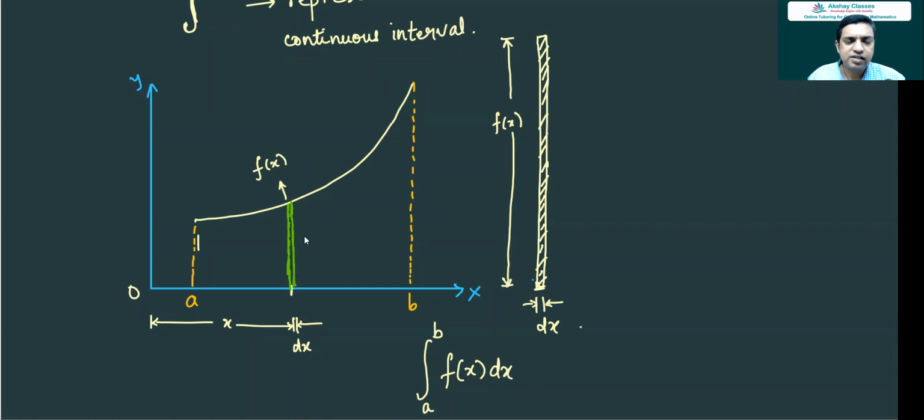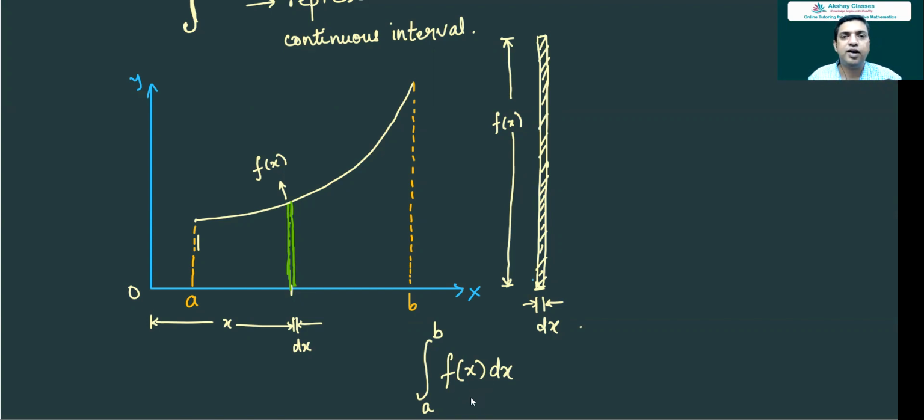Now how is the definite integral related to the indefinite integral? So this is the classical way of finding the integral, or we call it finding the integral by first principles.